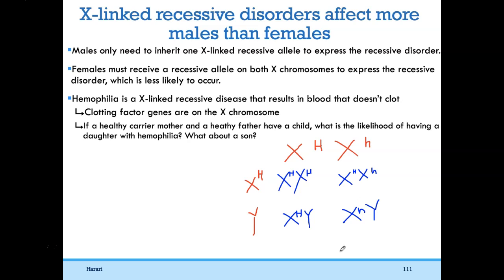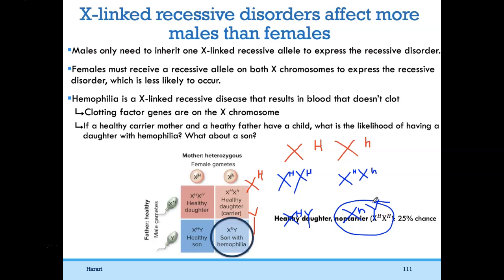Suppose the question said, a healthy carrier mother and healthy father have a child. If they have a son, what is the likelihood of him having hemophilia? That's a different question. That's saying if you have a son, if you're only looking over here, what is the likelihood of him having hemophilia? In that case, it would be 50%. So just make sure you're reading the question properly.